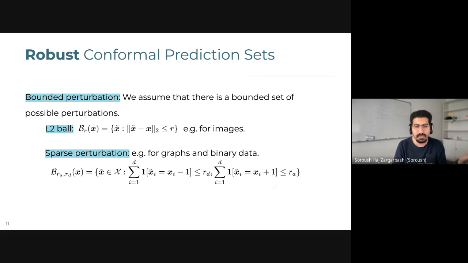Or even for graphs, we can assume that the perturbation is sparse. So assume that I'm adding noise to the edge index, so I can at most add R_A edges or remove R_D edges. So these are the bounded perturbation scenarios that we mentioned.